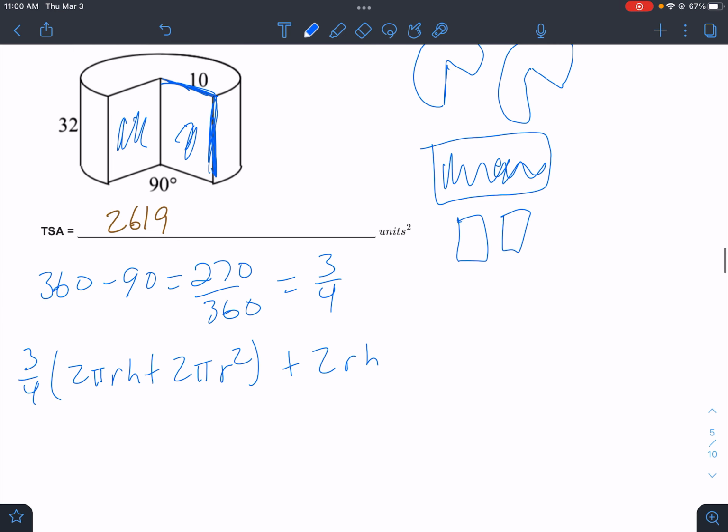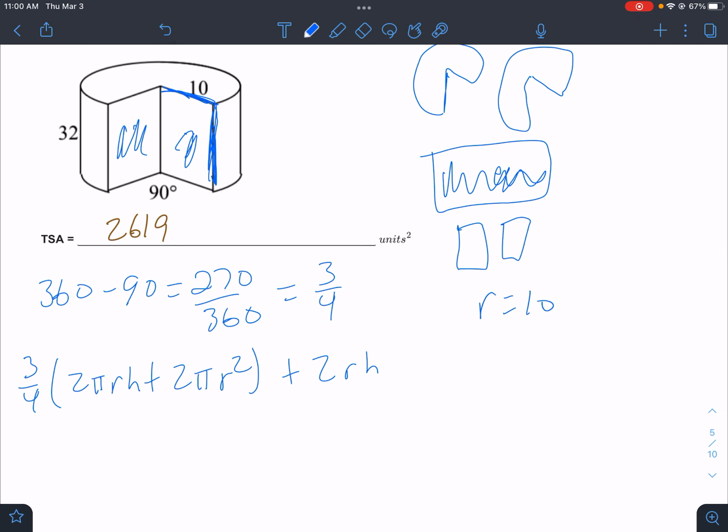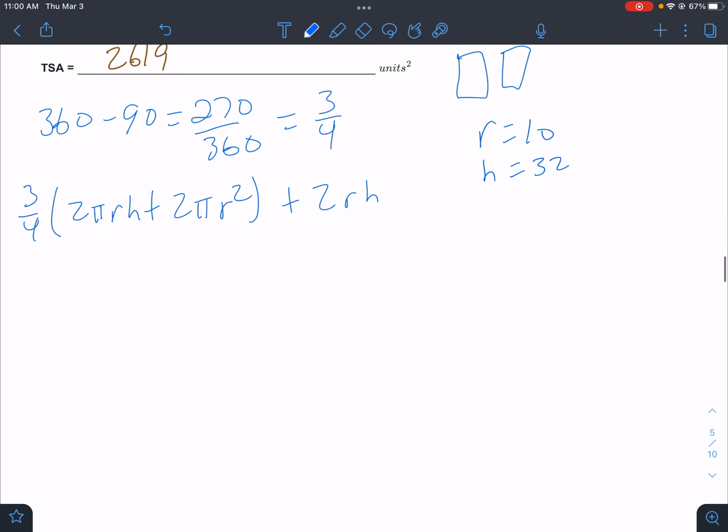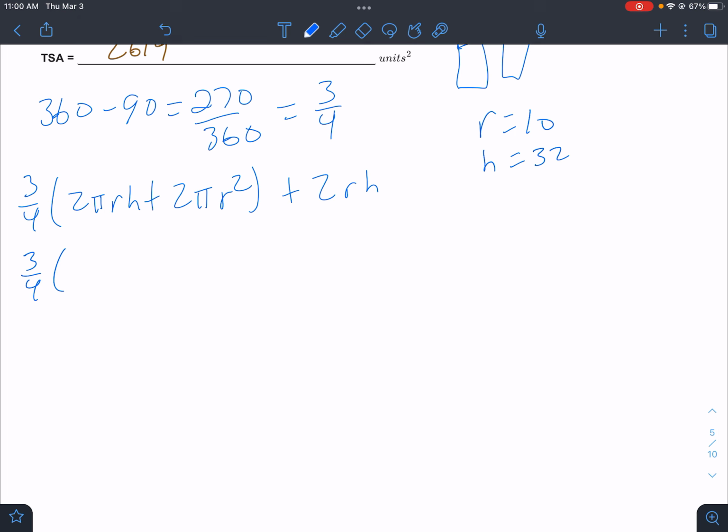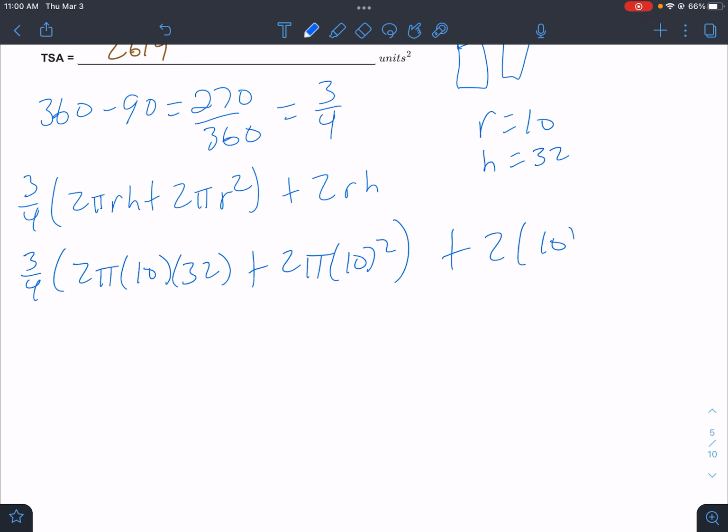So on this problem, we have R equals 10, H equals 32. So it's going to be 3/4 times 2 pi times 10 times 32 plus 2 pi times 10 squared. So we're doing 3/4 of all of that plus the two rectangles, 2 times 10 times 32, no pi.